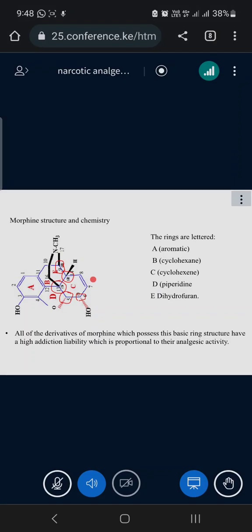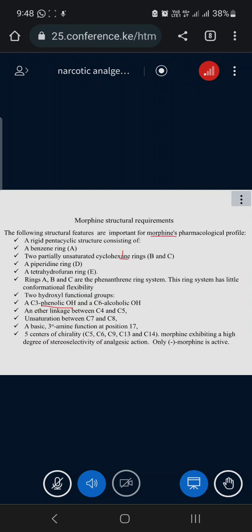We'll find out the chirality of position number 9 is very important in the activity of these morphine drugs. So it has 5 centers of chirality, as we have seen, and I wanted us to identify them ourselves: carbon 5, carbon 6, carbon 9, 13, and 14.